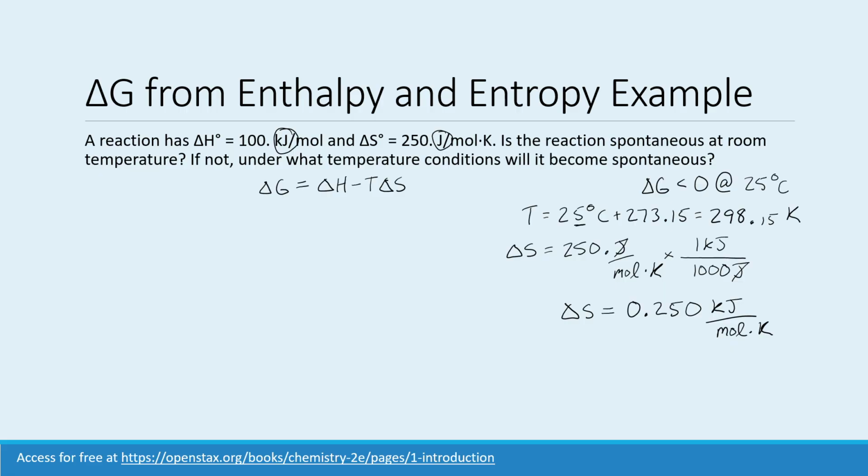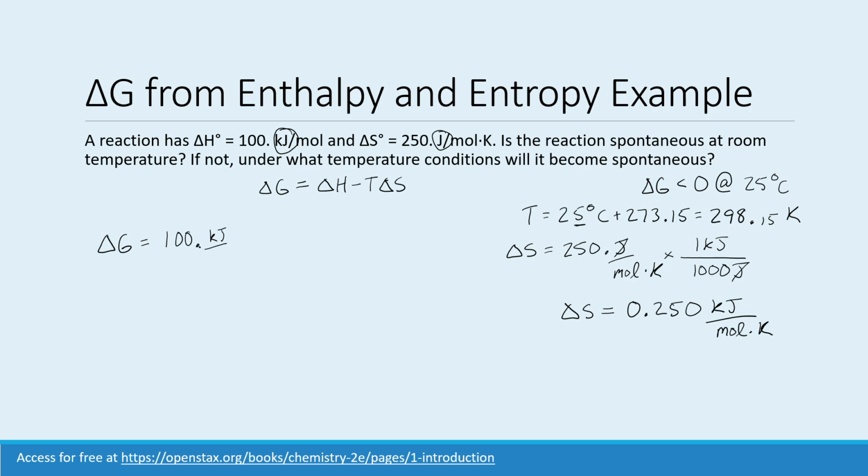Okay, so that's the first step with questions like this, is just to make sure that you have everything in the proper units. So our enthalpy and our entropy value, those units match, and we also have temperature in Kelvin. And so now we can start plugging it into that delta G equation. So delta G is going to be equal to our enthalpy, which is 100 kilojoules per mole.